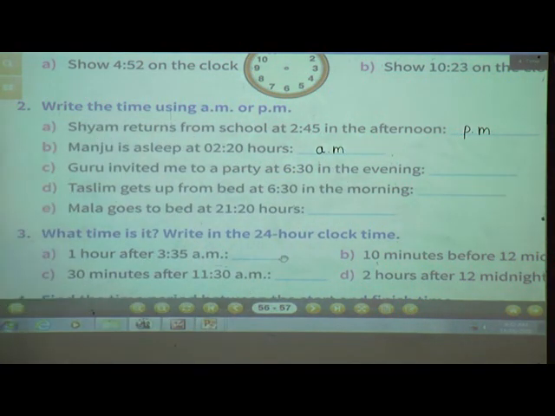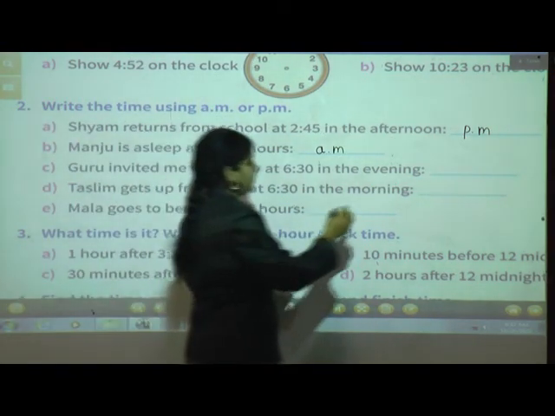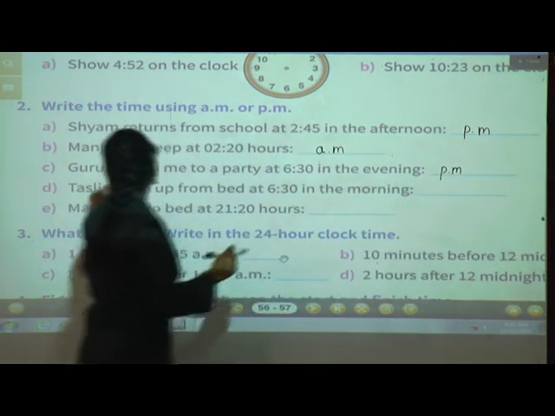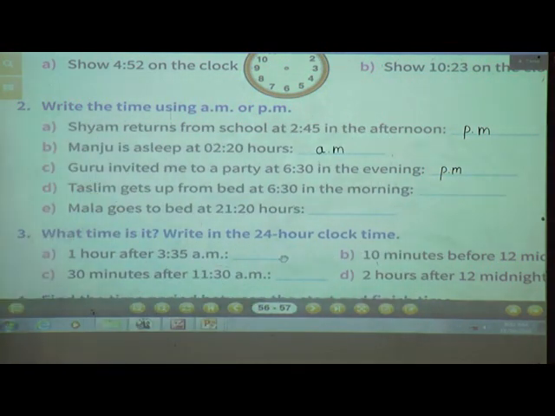Again, Guru invited me to a party at 6:30 in the evening. Evening means, yes students, 6:30 PM. Now here, Taslim gets up from bed at 6:30 in the morning. Morning, what do we use, students? AM.